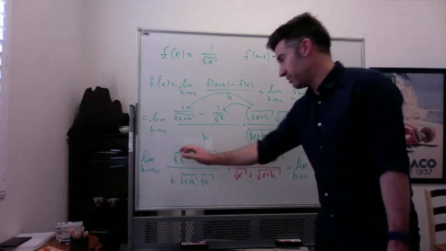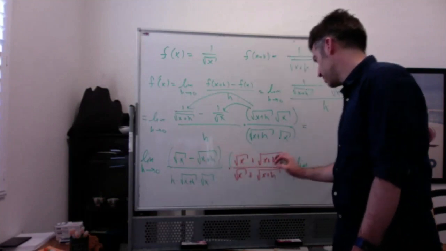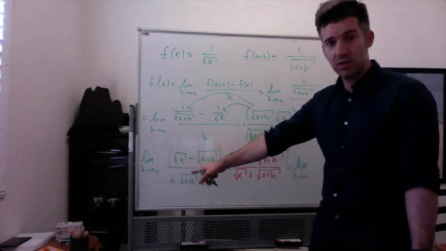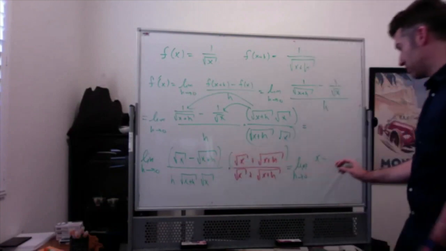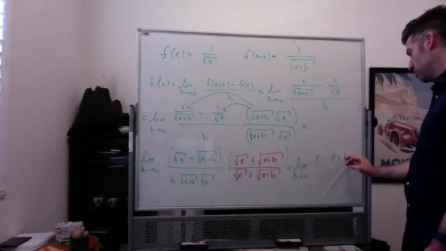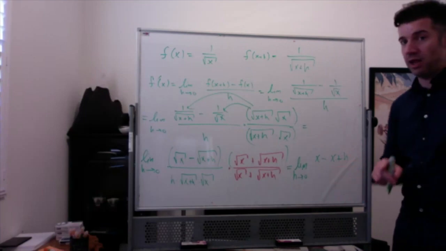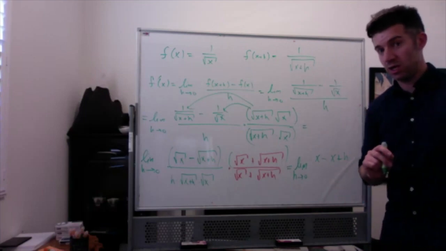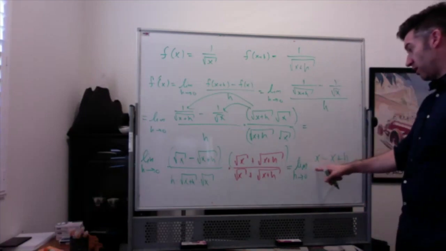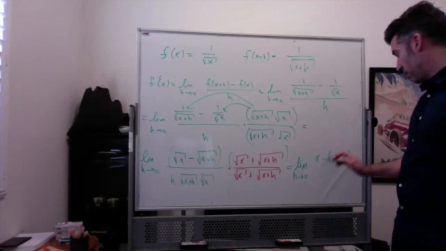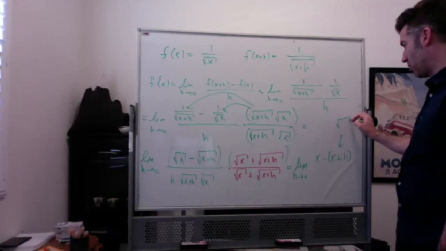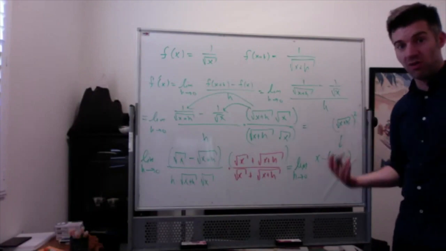So when I multiply the tops together, I get the first thing squared, so x, minus the second thing squared, so x plus h. Now notice I made an error. It's the first thing squared, x, minus the entire second thing squared. That's minus the square root of x plus h squared, which is minus all of x plus h.